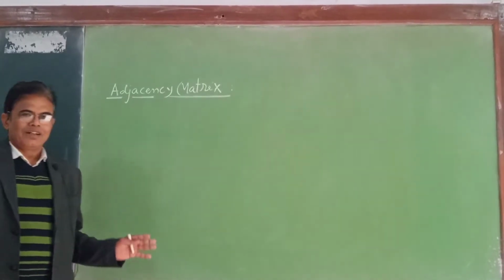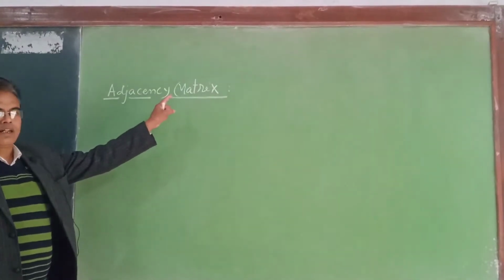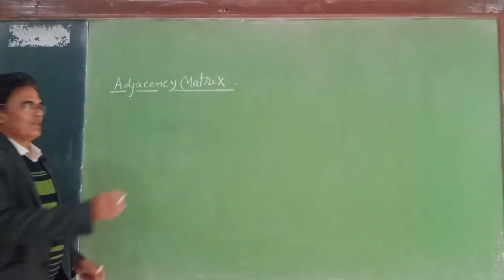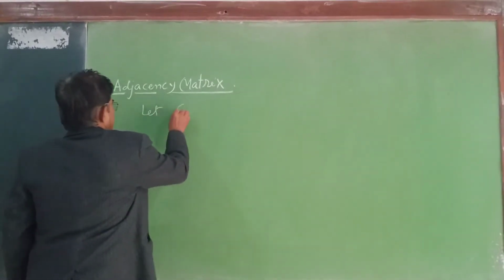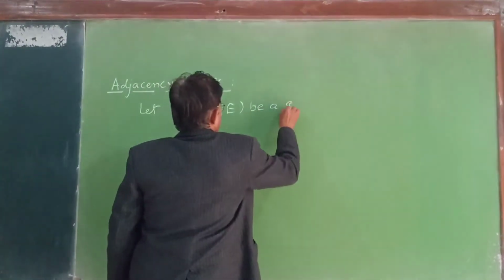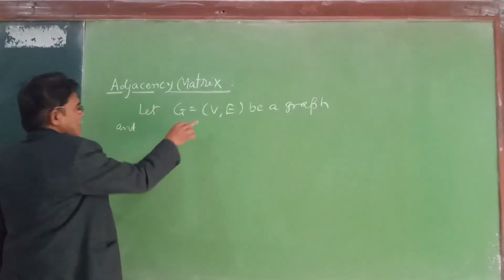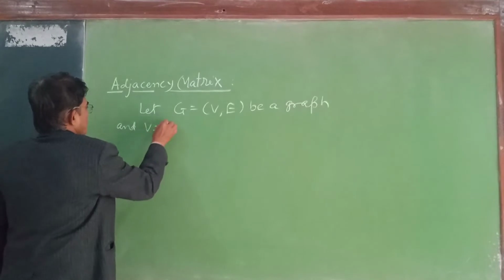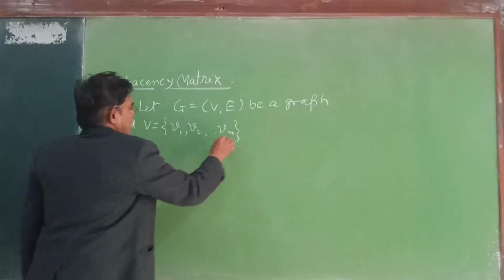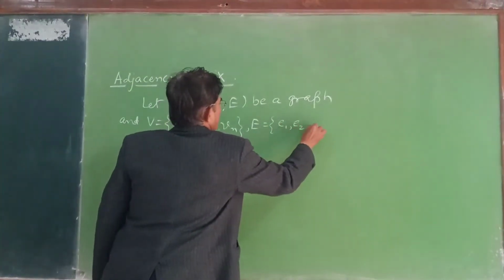So now I am going to explain the definition of the adjacency matrix. Adjacency matrix is nothing but the vertex matrix. So let G equal (V, E) be a graph, and V is the set of vertices. So V equals V1, V2 up to Vn, and E equals E1, E2 up to Em.